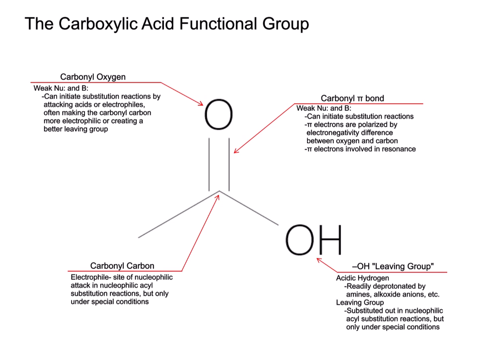It has an acidic hydrogen, and because of this, it is readily deprotonated by amines, alkoxide anions, and other bases that might be stronger than those. Because it's an acid, that means that the substitution reactions that we're capable of doing with the other derivatives are not likely going to be possible with the carboxylic acid, because a lot of nucleophiles can also act as bases.